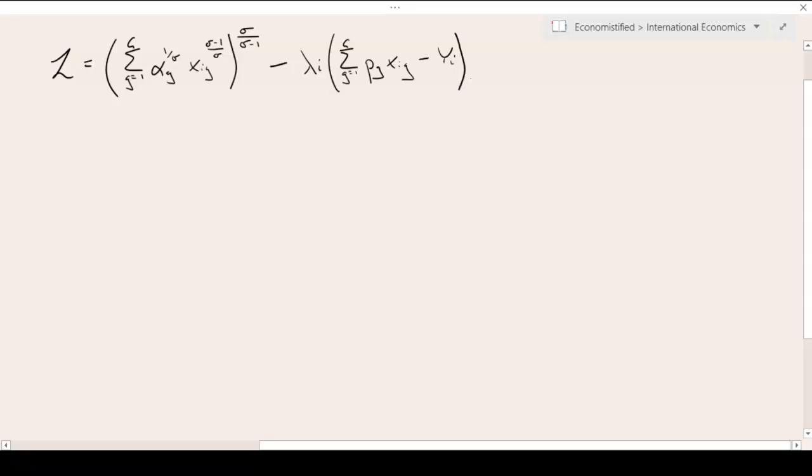Okay, so let's take the first order condition with respect to xig. Now this section in the brackets here I'm going to define as A. That's going to be simpler and quicker to write, and it's also going to help me do the differentiation slightly easier. So I'm going to differentiate this A to the power of sigma over sigma minus 1.